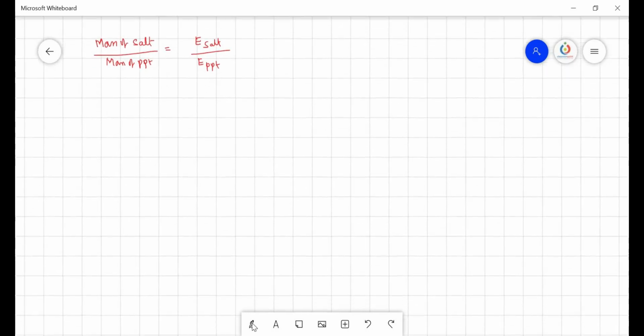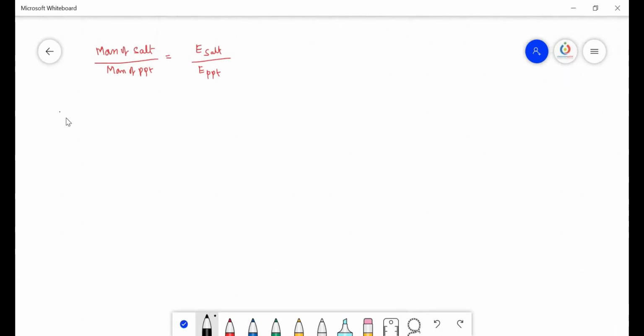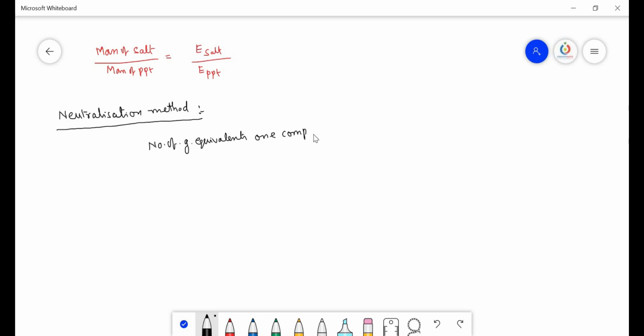Next one is the neutralization method. This neutralization method basically depends on our general form, that is, the number of gram equivalents of one compound is always equal to the number of gram equivalents of the other compound.